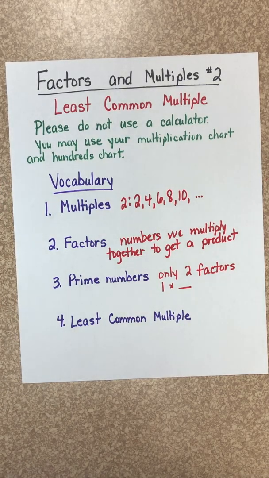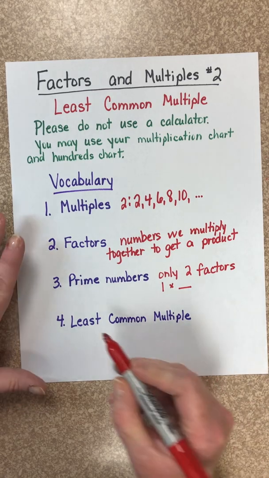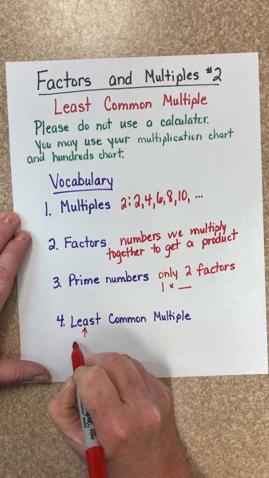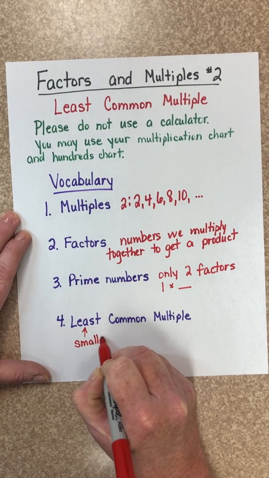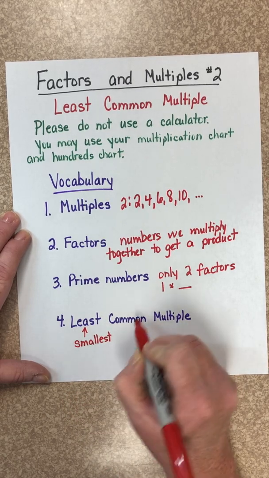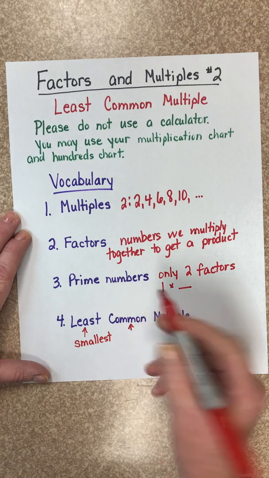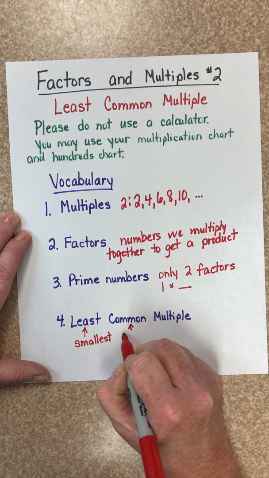Now let's focus on least common multiple. Well, least means the smallest. Common means that the factors will be in both.